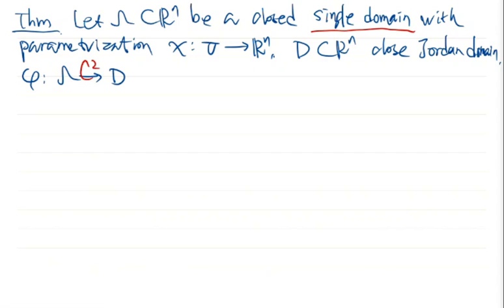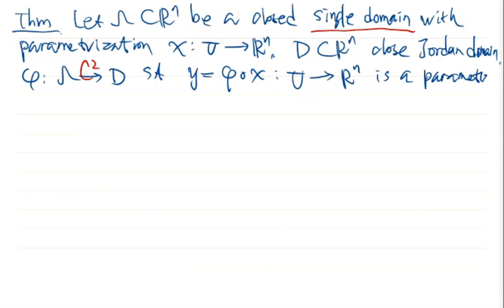We need it to be twice differentiable, such that the map defined by the composition of phi and X, that is a map from U to Rn, of course, is a parametrization of the boundary of D.